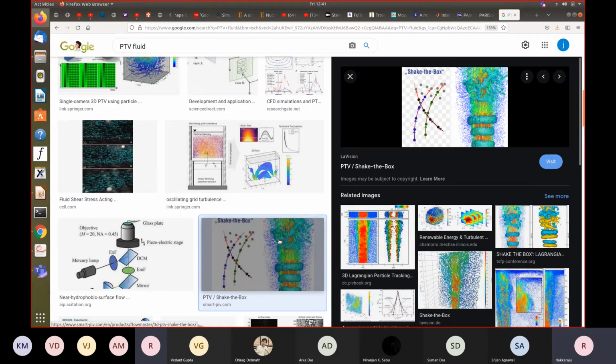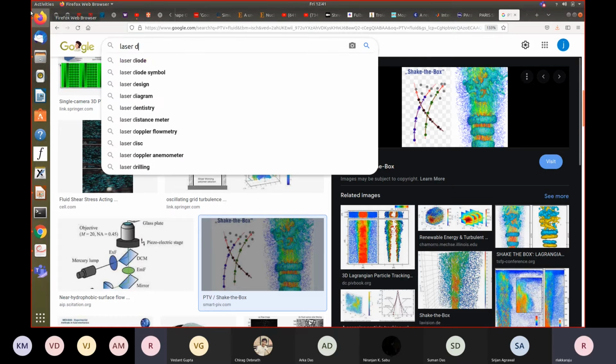Though it won't really tell you forces and all these details, this kinematics lesson, this is the path line, this is the particle line, how to really integrate them. Once you get this information, that way it's going to help us, which we call kinematics. There is something like laser Doppler anemometry.